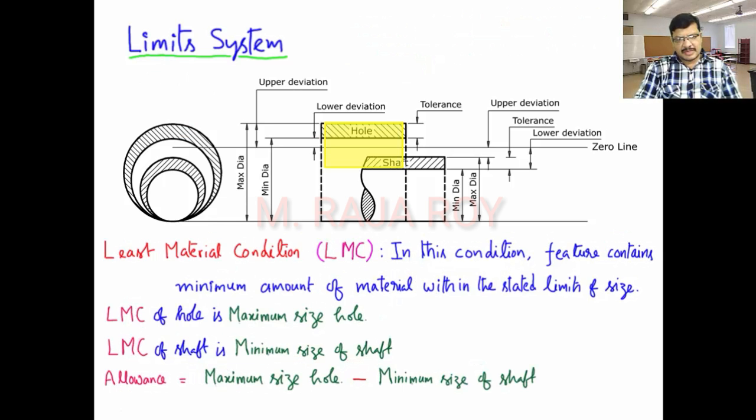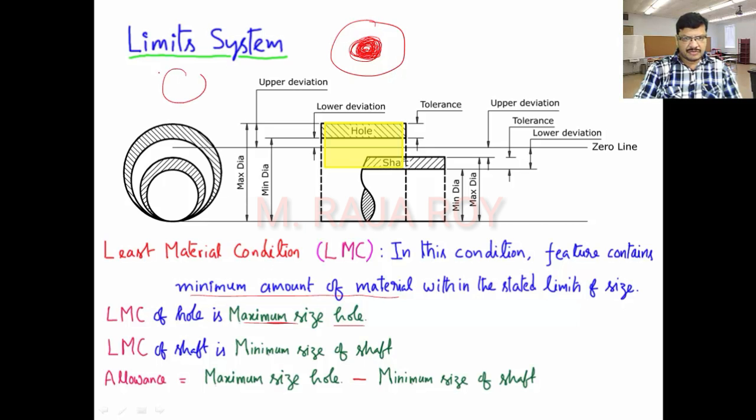Now what is the least material condition? In the least material condition, the feature contains the minimum amount of material. Now this is the rod. I go on increasing the size of the hole. At one point of time, it contains the least material. Least material means the hole size is more, that means I will get the maximum size hole.